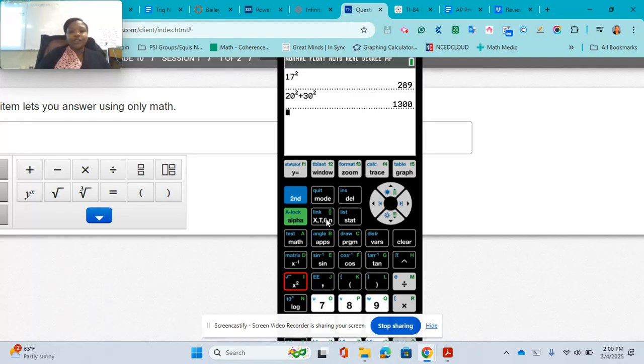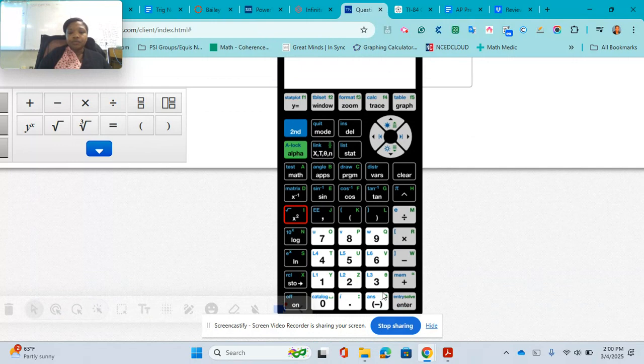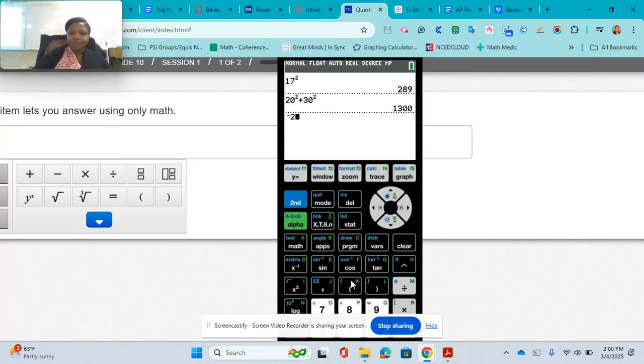And then we're going to do the negative 2 times 20 times 30. We are not able to put cosine because that has a variable. And that gives us negative 1,200. Now let's put that into our equation.